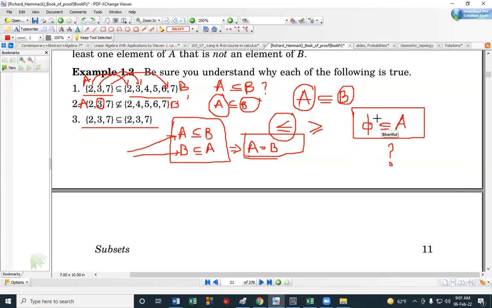You said the empty set has no elements. How can it have an element that is an element of A? The definition cannot be applied with the empty set because it talks about elements.